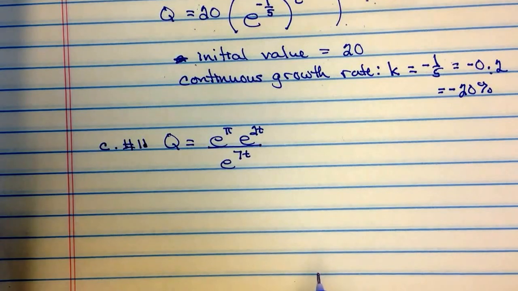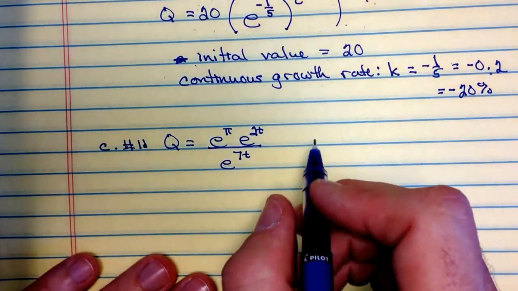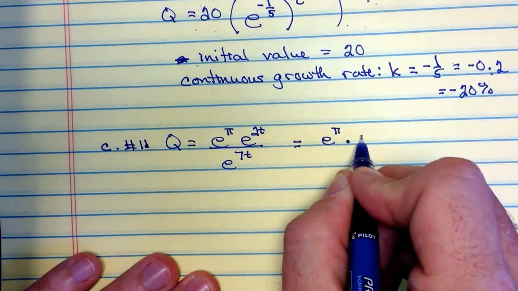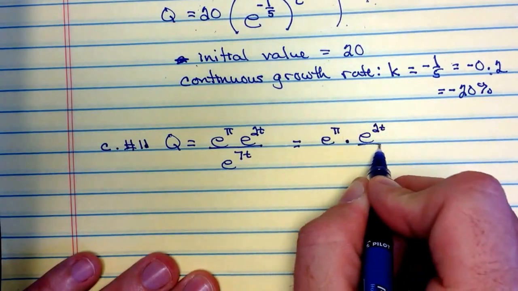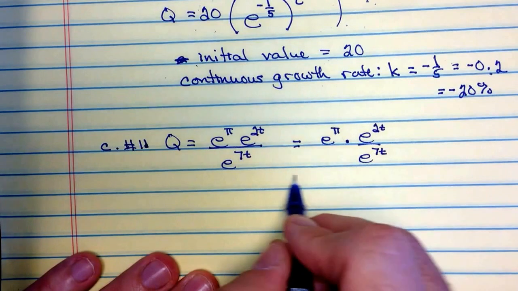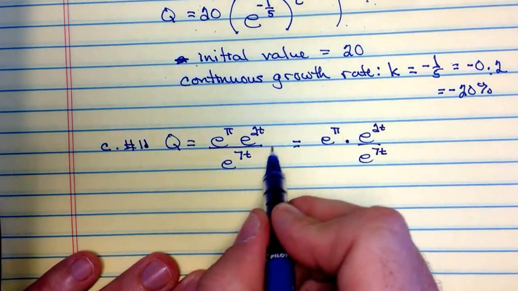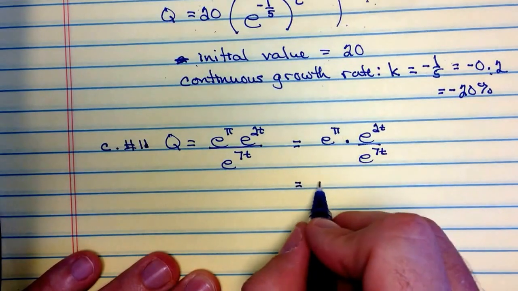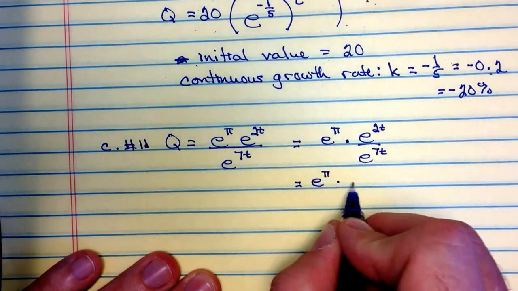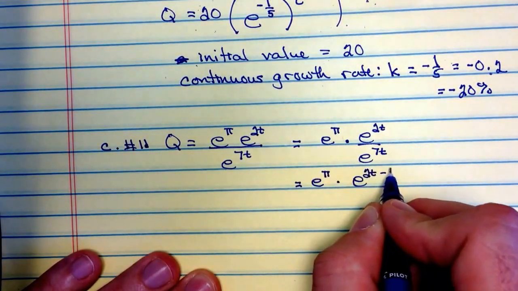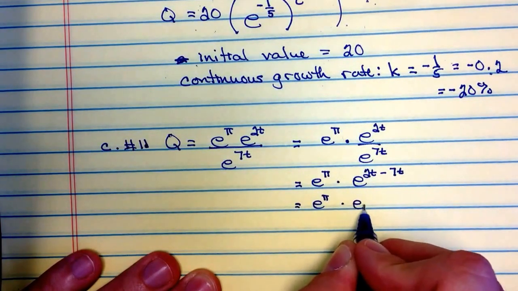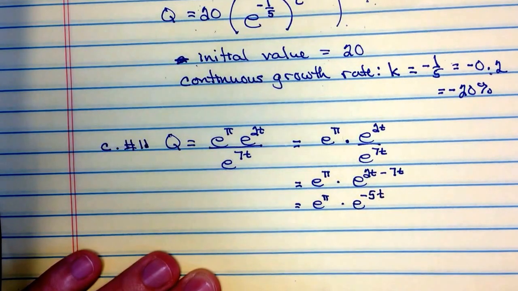So what we need to do here is rearrange it. This is going to be e to the pi times e to the 2t divided by e to the 7t. I'm arranging it this way to put our variable factors together. Then if we use our rules of exponents, we get e to the pi times e to the 2t minus 7t, which is e to the pi times e to the minus 5t.